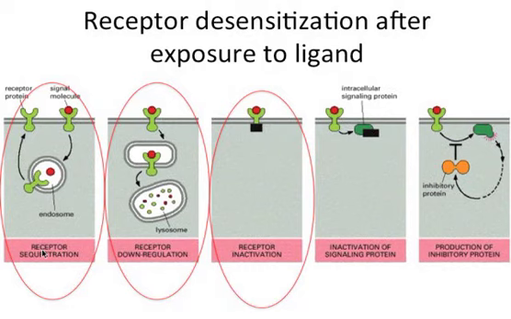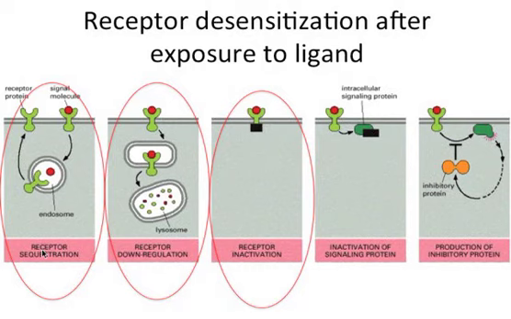Okay, so we're talking about turning things on a lot. Don't forget, we need to turn things off. Anything you turn on needs to eventually be turned off. So you can have receptor desensitization after the exposure to ligand. You've seen this before, right? So you can have endocytosis.